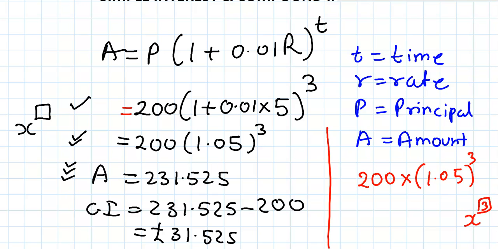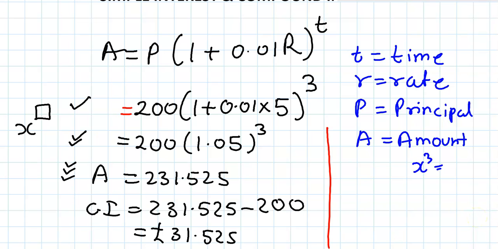Now one student asked what happens if you don't have a scientific calculator. It's easy. X to the power 3 means x times x times x.